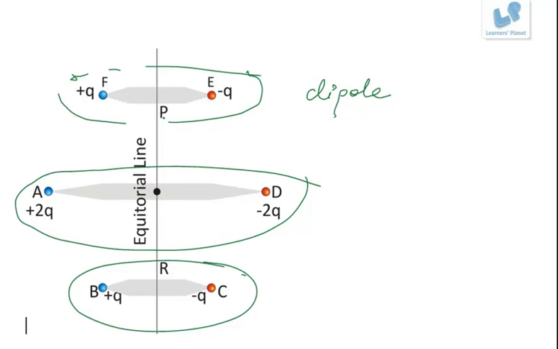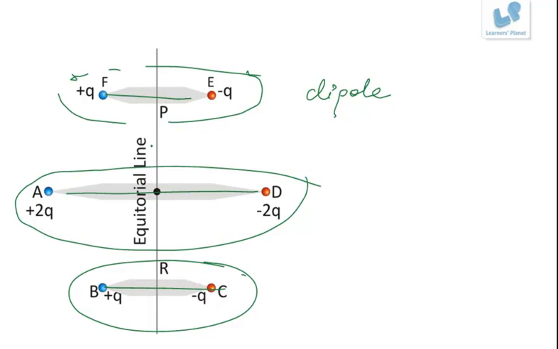Now the line PR, if we extend it, becomes the equatorial line for all three dipoles. For this one it's an equatorial line, for this also, and for BC also it's an equatorial line. And we know that the potential at any point on the equatorial line is always 0.